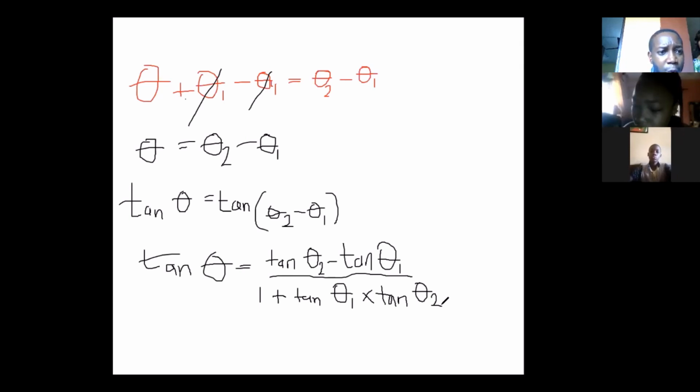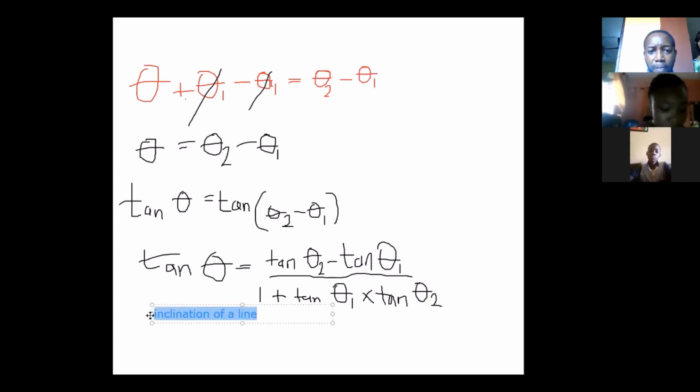From this formula, we will now relate it to the inclination of a line, where we've already understood that tan theta is the same thing as m. You look at it from the inclination of the line.